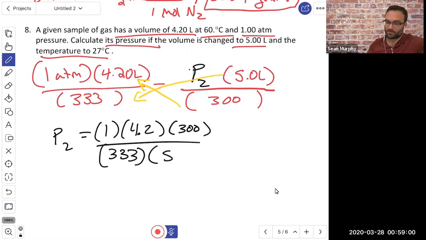And remember, we started with atmospheres, so therefore we are going to end with atmospheres. All right, so 1 times 4.2 times 300 divided by 333 divided by 5. And our atmospheres went down to 0.76 atmospheres. Let me just double check because that's a lot of numbers.